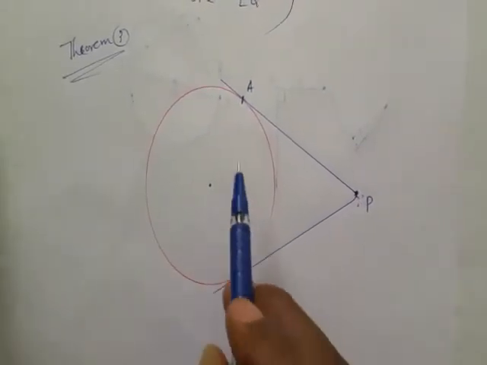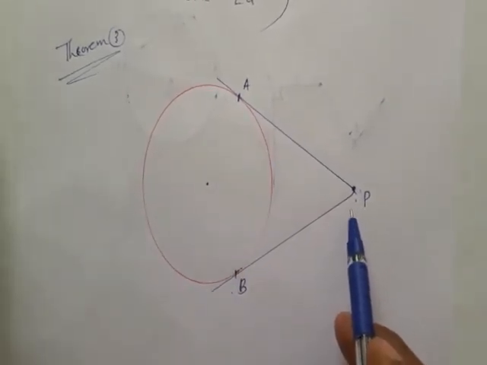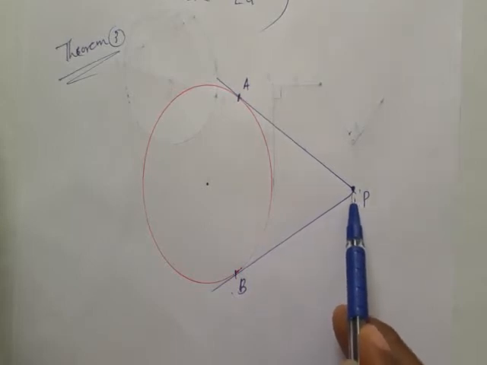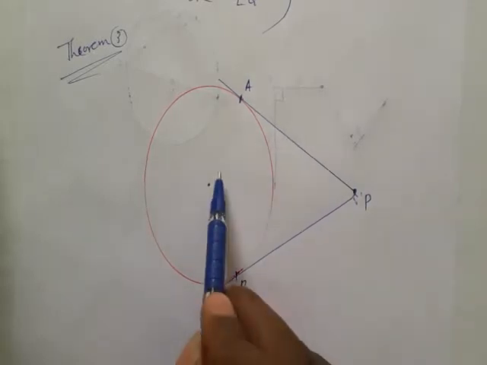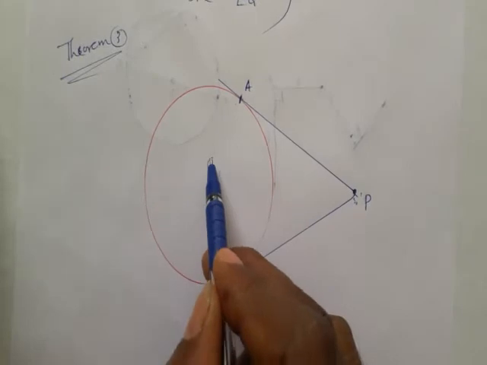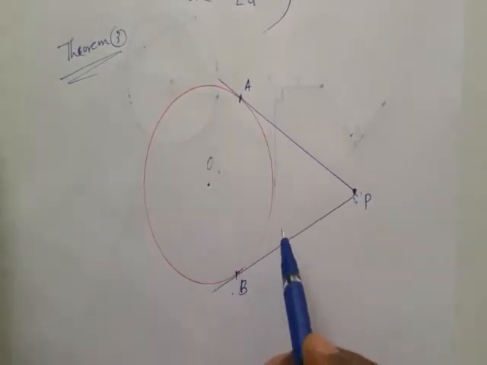Theorem 3 says that for the given circle, how many tangents can be drawn from an external point? In this theorem, P is an external point. From an external point to the given circle with center O, how many tangents can be drawn? 2. Maximum 2 tangents can be drawn. That we know.